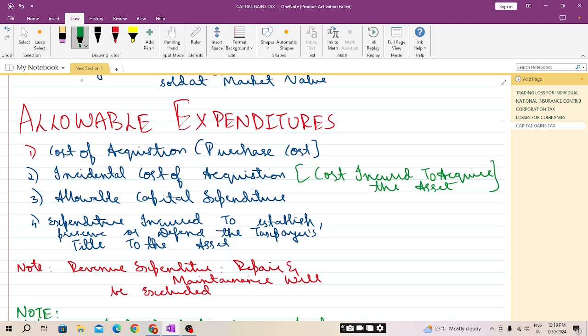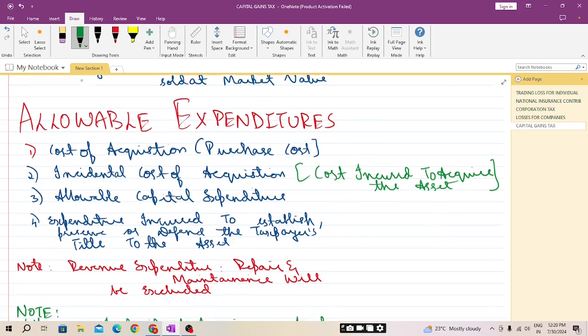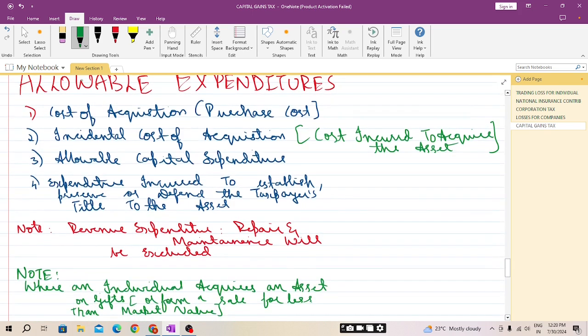Then allowable capital expenditure: expenditure incurred to establish, preserve or defend the taxpayer's title to the asset. So if we are incurring expenditure to defend the title of the asset, it will also be included. But the important note is that revenue expenditure like repair and maintenance will be excluded from the allowable expenditure.